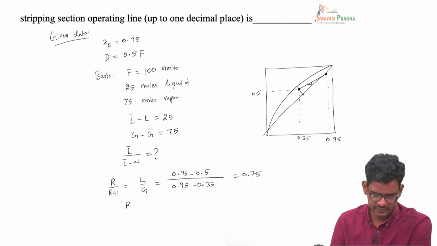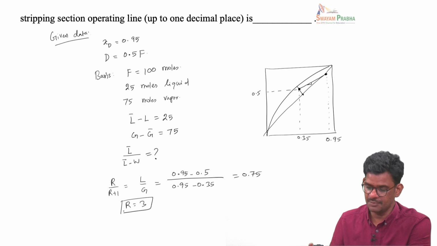So, from here if you solve, you will get R equal to 3. So, the reflux ratio can be obtained from this data.